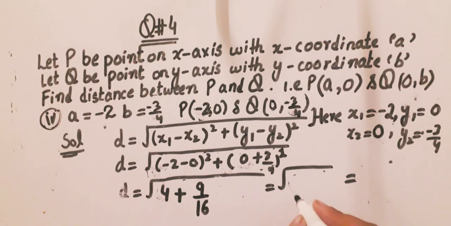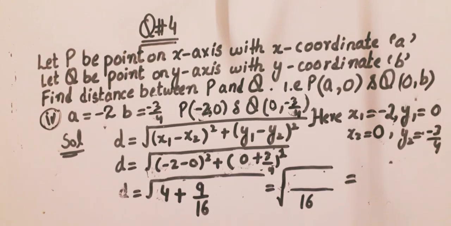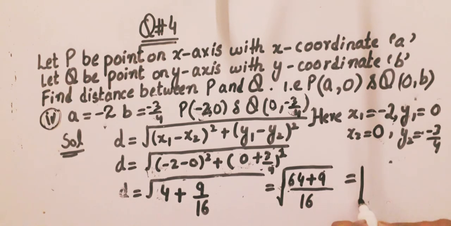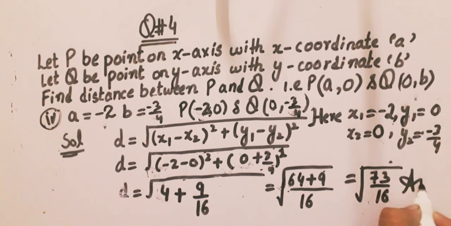So by taking LCM we will have 16, and 4 multiply 16, 64 plus 9, which is equal to square root of 73 by 16. So this is the answer.